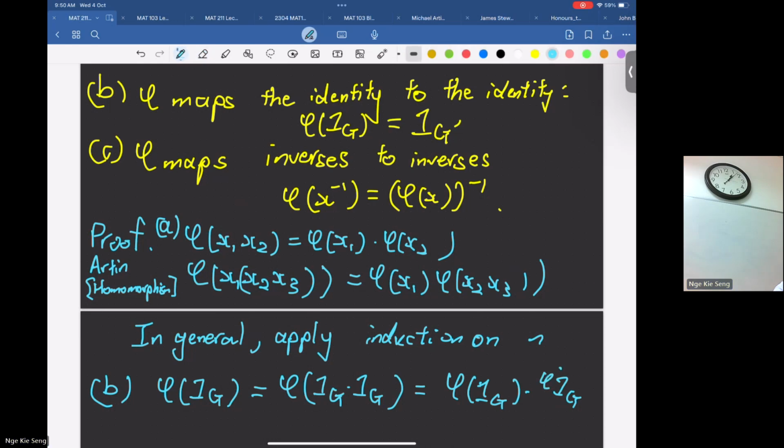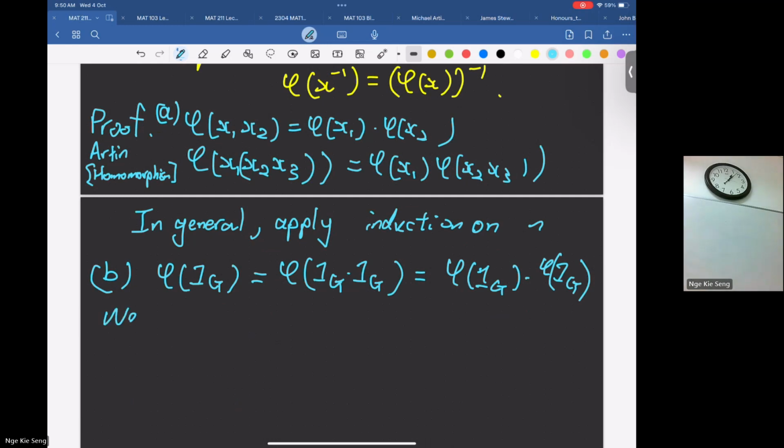So, do we know where phi of identity goes? We don't know yet. But what we know is phi of identity must be an element in G prime. To be an element in G prime, what do you have?